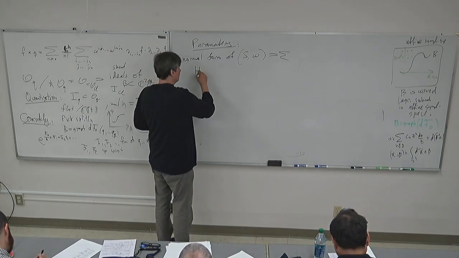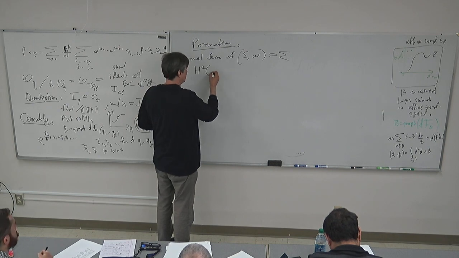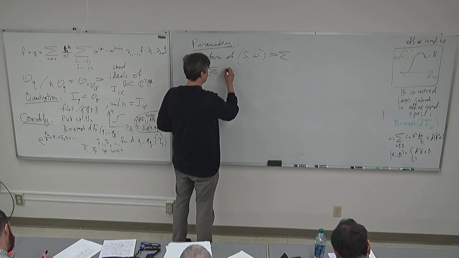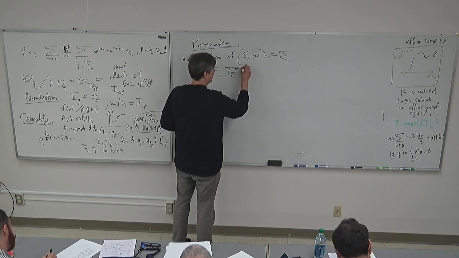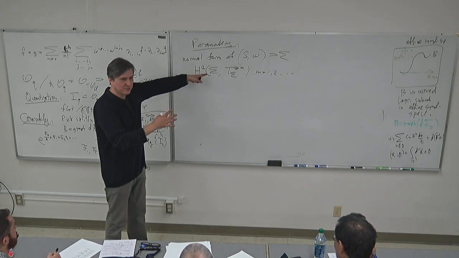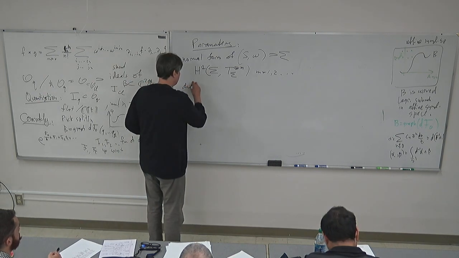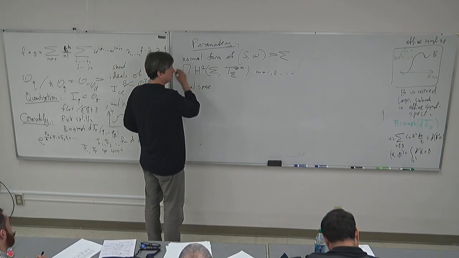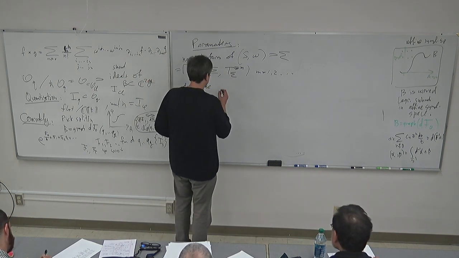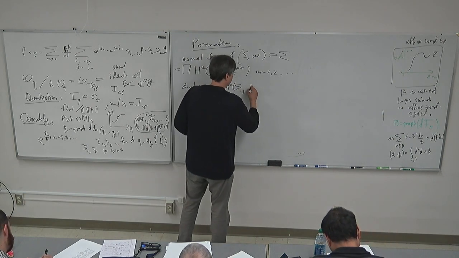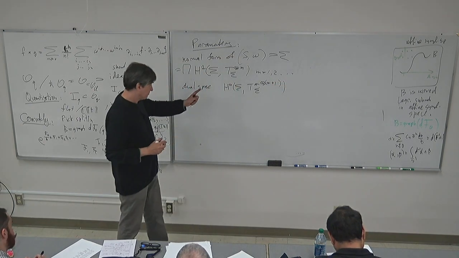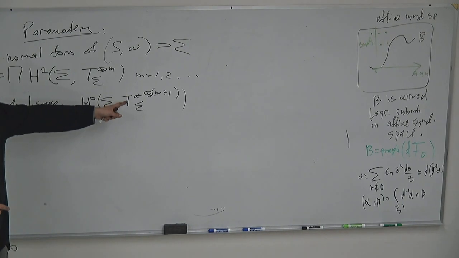The tangent space to deformation will be H1 of sigma with coefficients in powers of the tangent space to sigma, m = 1, 2, 3. You get these subsequent terms in deformation theory, and the dual space will be kind of a product of this. So the tangent space of deformation is some infinite dimensional space of this, and the dual space is H0 of sigma with coefficients in the cotangent bundle to the power m, or maybe m plus 1, something like this. So it's sections of high powers of the canonical line bundle.